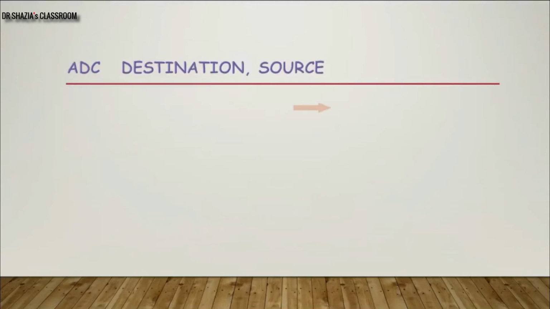The next instruction, which is a variant of the add instruction we will look into, is add with carry, ADC. The format of this instruction is the same as that of add: ADC destination comma source. What this ADC does, as the name says, is add the content of your source with destination along with the carry flag.